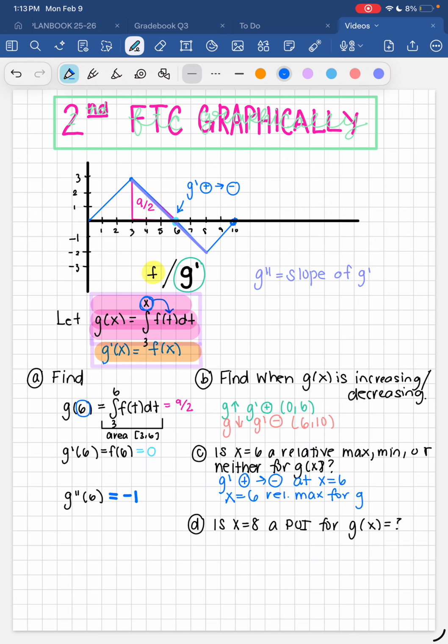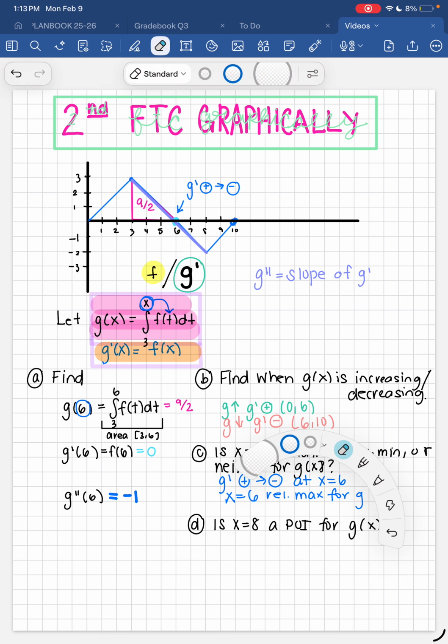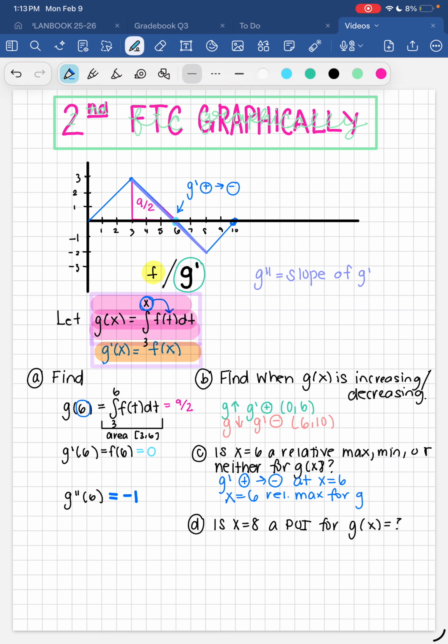And last but not least, is x equals 8 a point of inflection for g? I like to teach it this way. g is going to have a point of inflection if the slope of g prime changes from positive to negative or negative to positive.